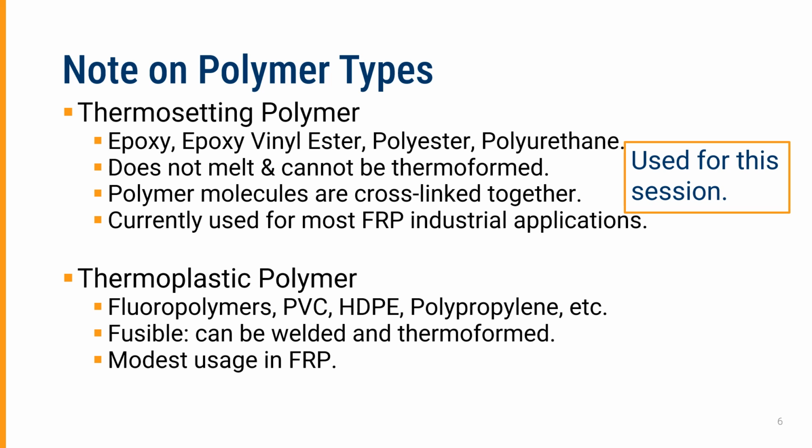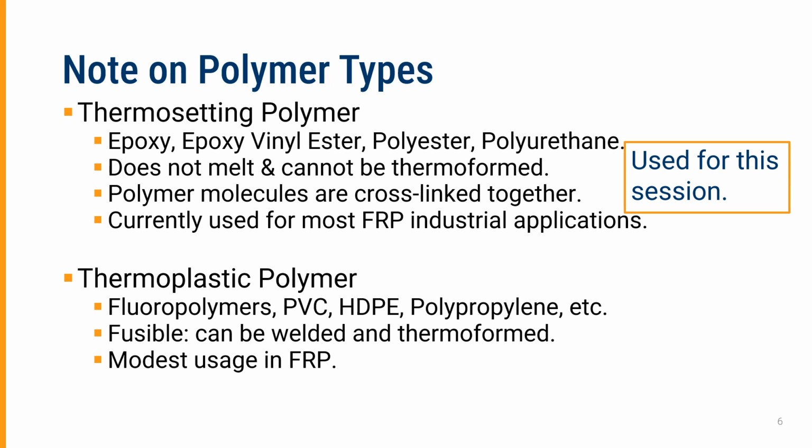I'm going to discuss polymer types a little bit. Polymers are an extremely broad field. We really break it into 2 types. The thermosetting polymer, some examples being epoxy, epoxy vinyl ester, polyester, and polyurethane. The important features are that these polymers do not melt. You cannot thermoform them.